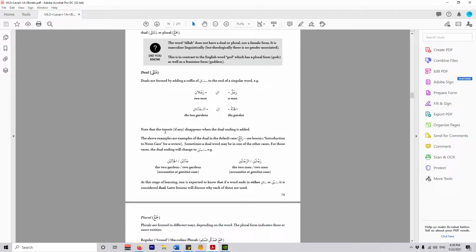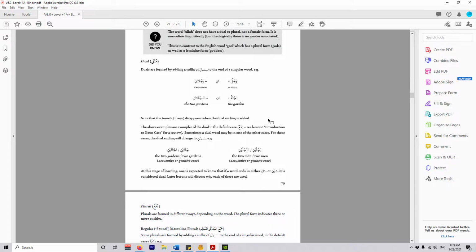So the tanween, or the dhammatain right there, the un, will disappear when we add the ani. And this is in the default case, which is called raf' or marfu'. So if it's in a different case, like if it is munkhafid or maftuh, then it becomes ain instead of an.